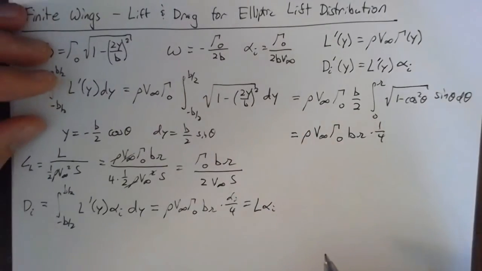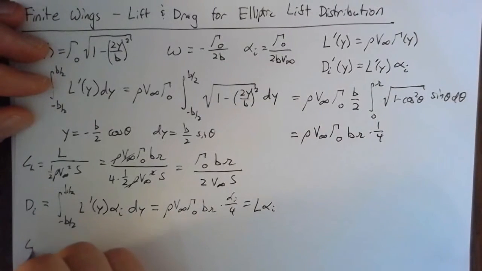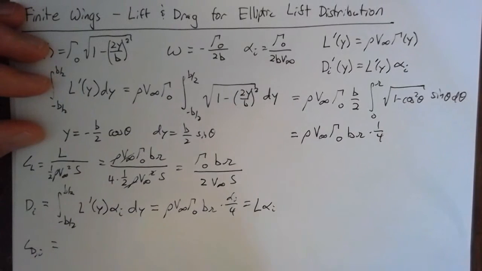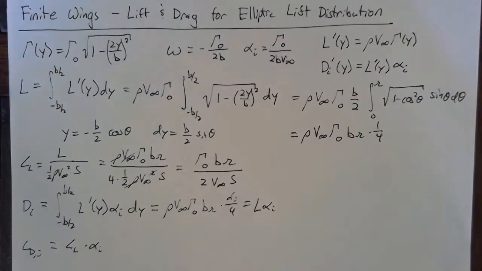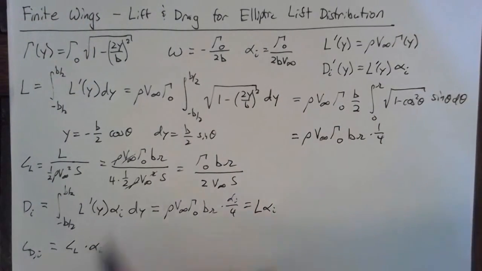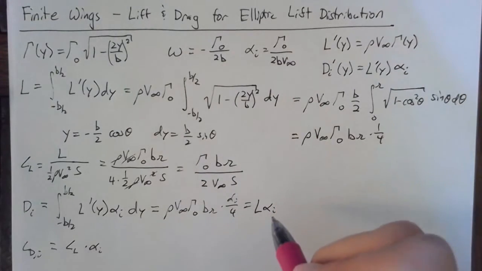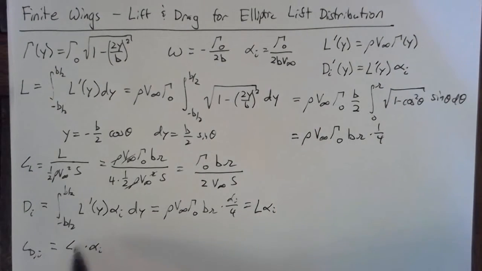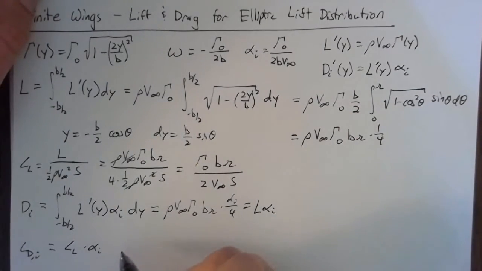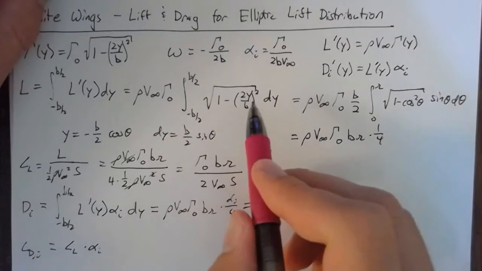So whenever we non-dimensionalize this and look for CD sub I, then this just becomes our CL times our induced angle of attack. Okay, so now let's go ahead and substitute out our induced angle of attack and try to get this in terms that make a little more sense, that have a little more meaning in comparison to the rest of our units.